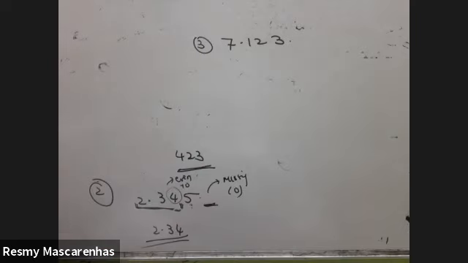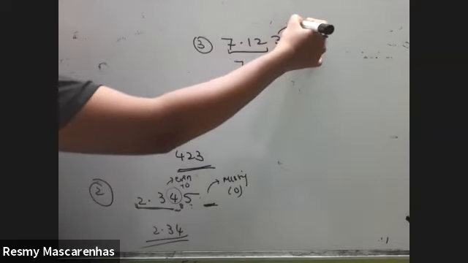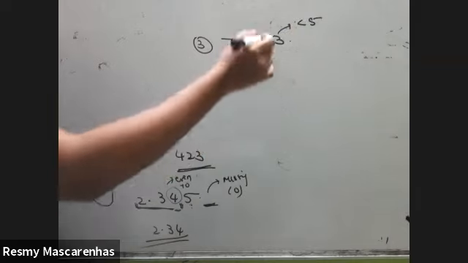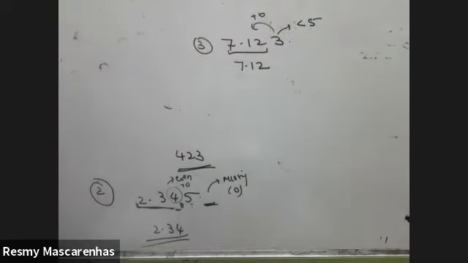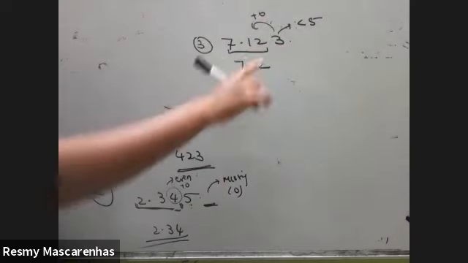What will be the answer? 7.12. Yes, directly 7.12, because up till here we want, and this is less than 5. So you just have to add 0 to it. If this was more than 5, you have to add plus 1 to it.